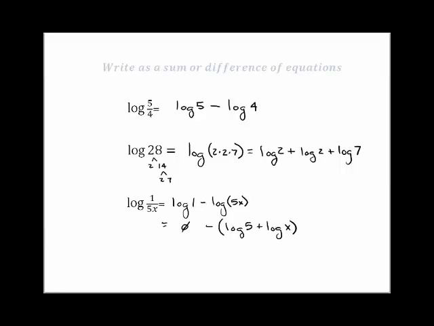So you've got to subtract the entire log of 5x. So what that then equals is negative log of 5 minus log of x. You see how that changes it just a little bit?